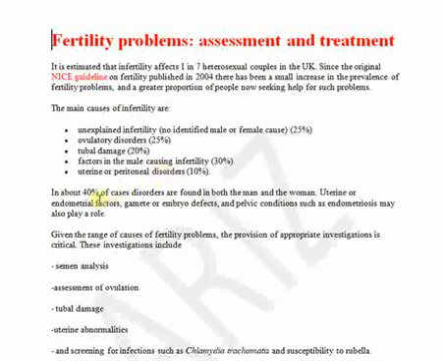In about 40% of cases, disorders are found in both the man and the woman. Uterine or endometrial factors. Gamete or embryo defects. Pelvic conditions such as endometriosis may play a role.